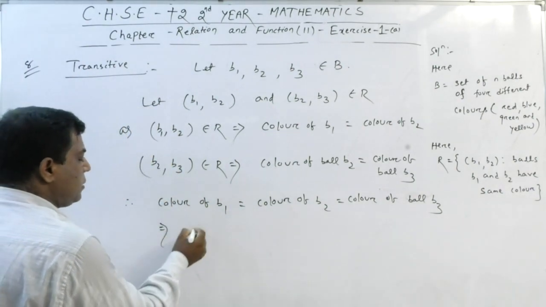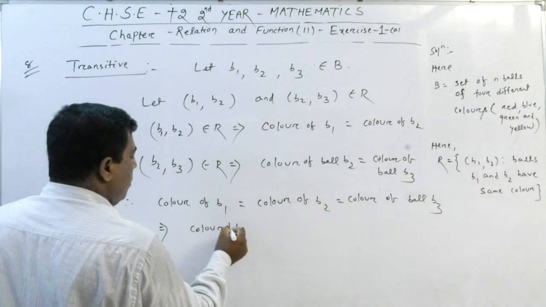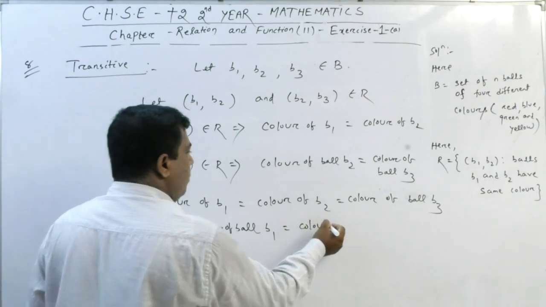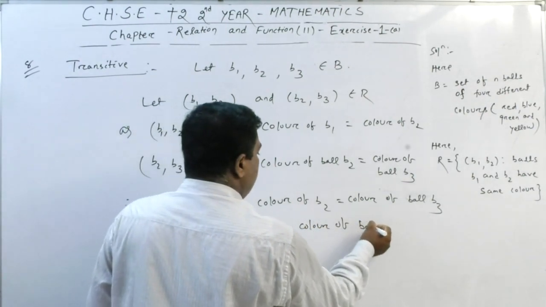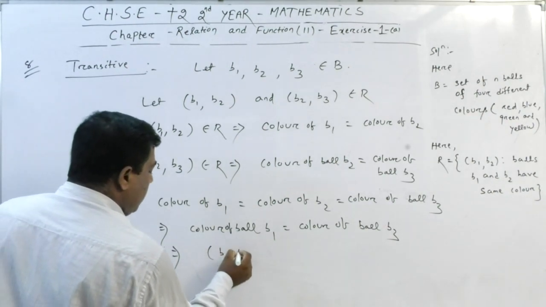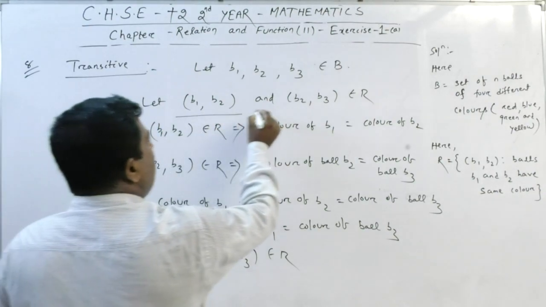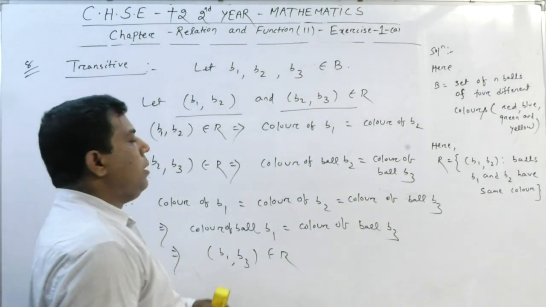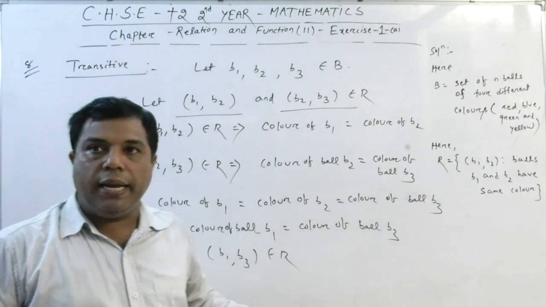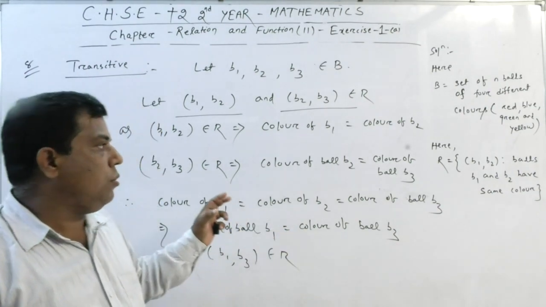So that implies the color of ball B1 is equal to the color of ball B3. That implies (B1, B3) belongs to R. So you see, we are taking (B1, B2) and (B2, B3) belonging to R, and from there we obtain (B1, B3) belonging to R also, yes or no?